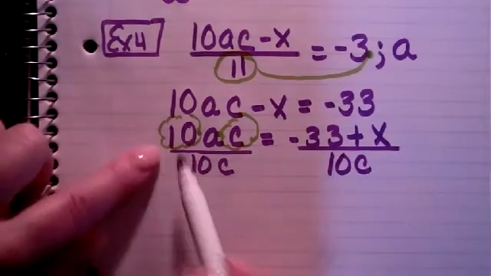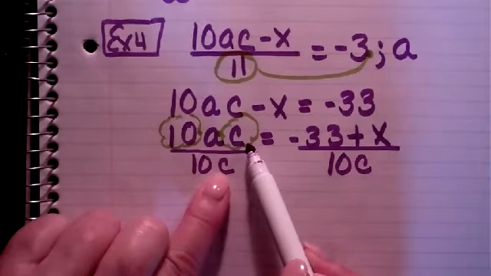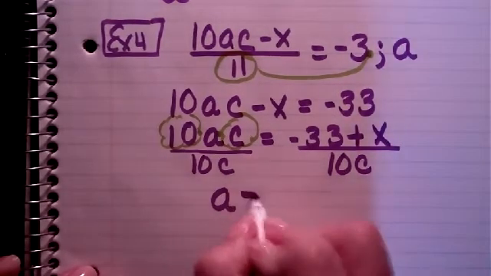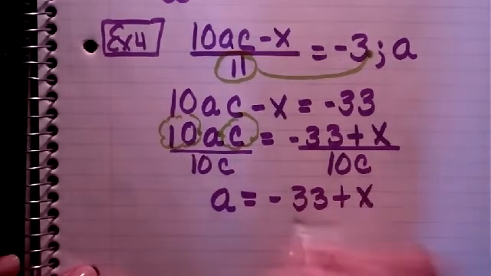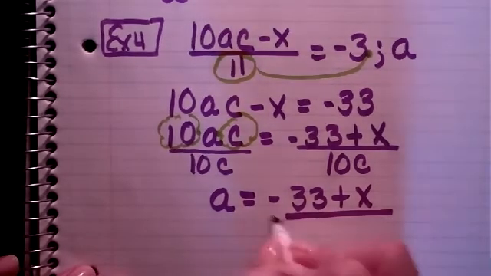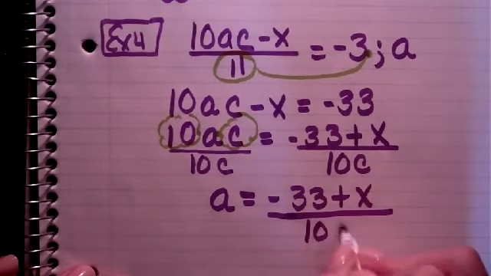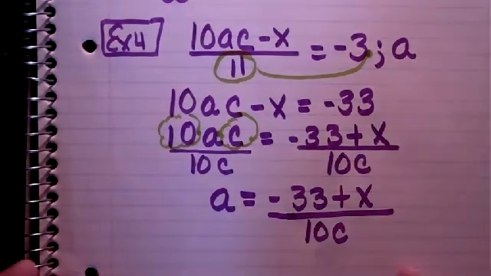Okay, and of course that 10 will cancel that 10, this C will cancel that C. So what I have left is A equal to -33 plus X, all divided by, make sure you put it all over in the numerator, 10C. Okay, now go ahead and pause, make sure we copied it, and then we'll go to example 5.